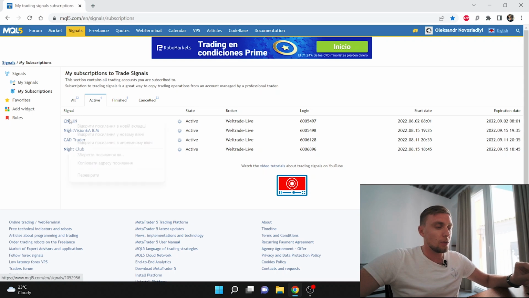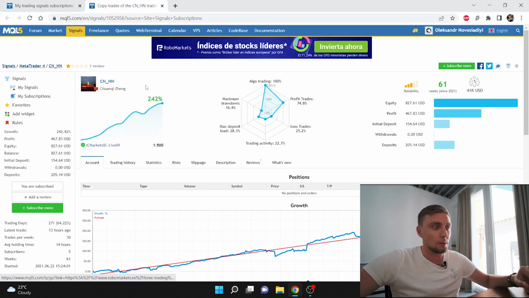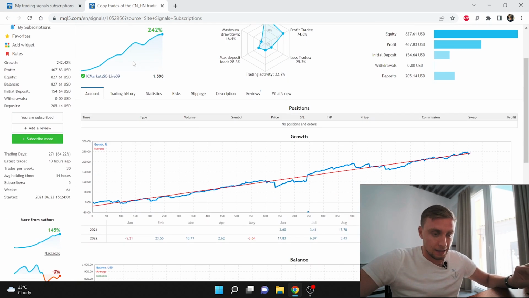So first of all, my signal provider, and I really think this is one of the best, is CNHN. By the way, this is a fantastically good signal, and it shows that since 2020 he closed only 2 months in minus, but after every month in minus, you see, like January minus 531, February plus 23, May it was minus 364, June it was plus 17.